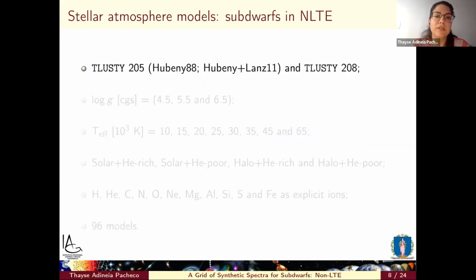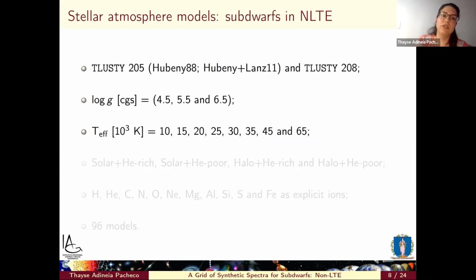Now talking a little bit about my models. I used TLUSTY 205 and TLUSTY 208 to compute the stellar atmosphere structures. My models have surface gravity between 4.5 and 6.5, covering 8 effective temperatures between 10,000 and 55,000 Kelvin.